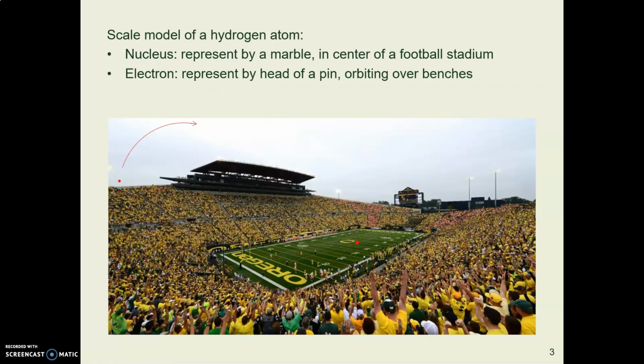If you wanted to build a scale model of an atom, let's say a hydrogen atom, it has one proton and one electron, so that would be the simplest model to build. And if you built it to scale, you could use a marble to represent the nucleus of the atom. So here's a marble down in the middle of a football field. So let's say this is Autzen Stadium.